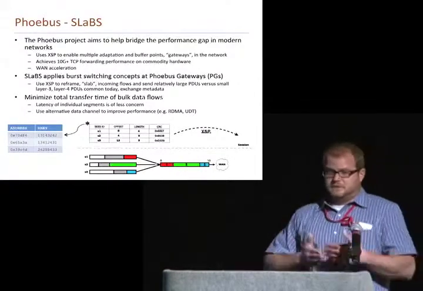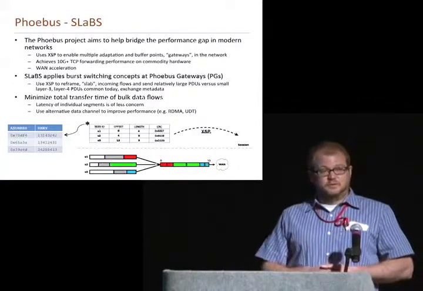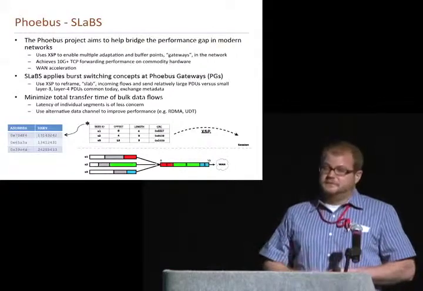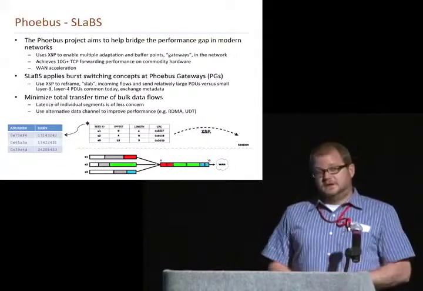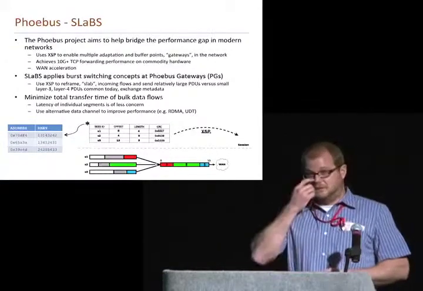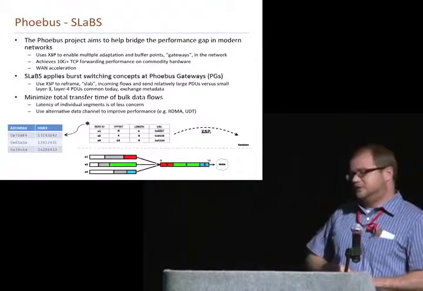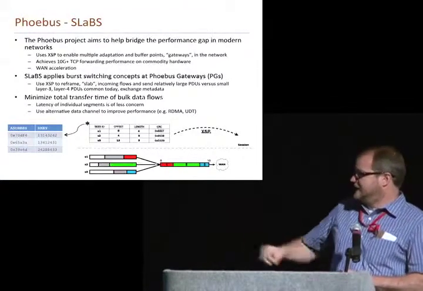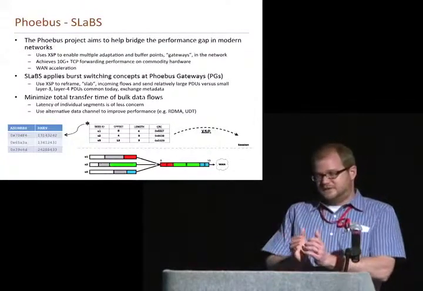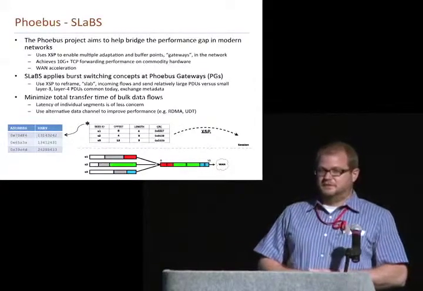Once we have a sufficient amount of data, we can allocate a circuit or insert some OpenFlow rules and burst across that new link at line rate very aggressively, then close the link and consider that one session layer PDU, which we refer to as a slab. We also use slab in the verb sense here, which is the XSP reframing or slabbing these individual conversations together into a large PDU that can really take advantage of a high-performance link that's been allocated.